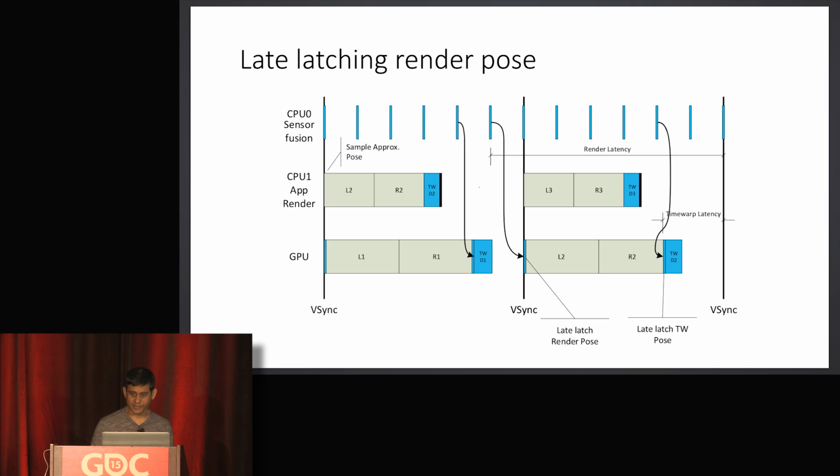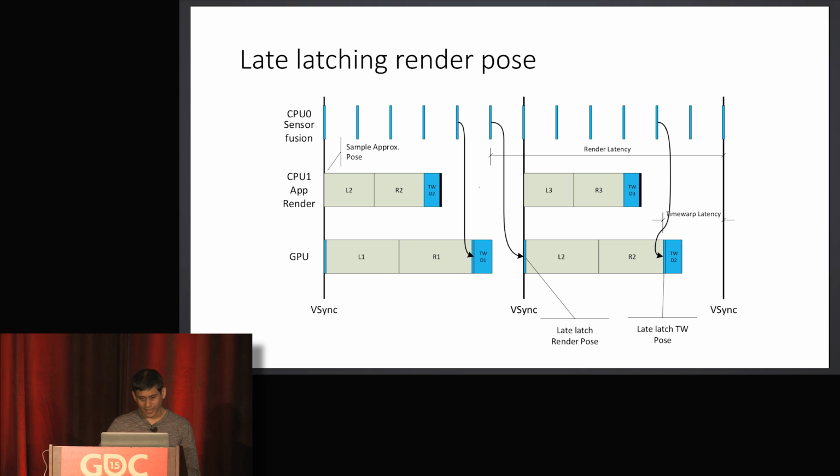To make things really interesting, what if we were to late latch the render pose too? Here again, the app at the start of render typically samples the pose and then uses that to determine what to draw and queues up the entire frame of rendering of both eyes based on the cameras sampled by the pose. But again, since the rendering is queued, it doesn't actually read them until it starts actually processing it on the GPU, which is later.